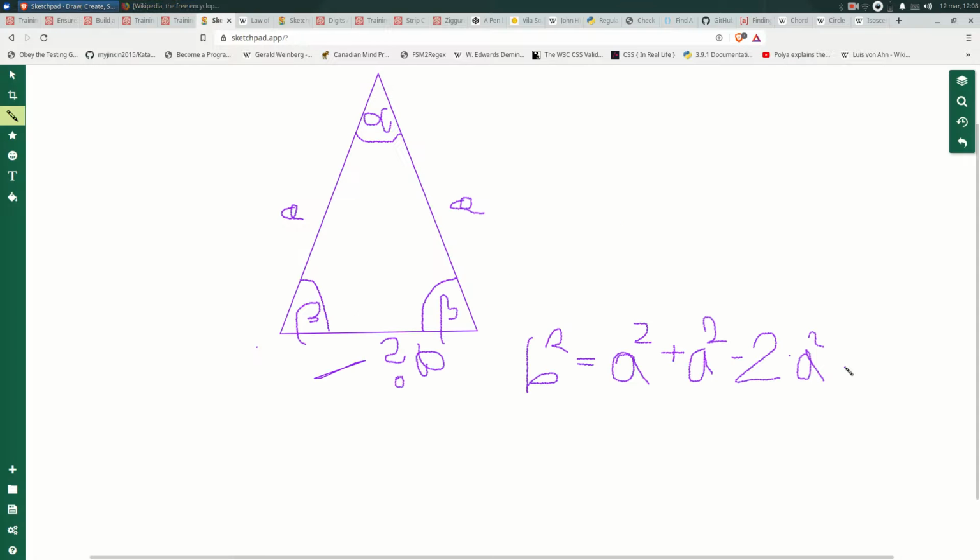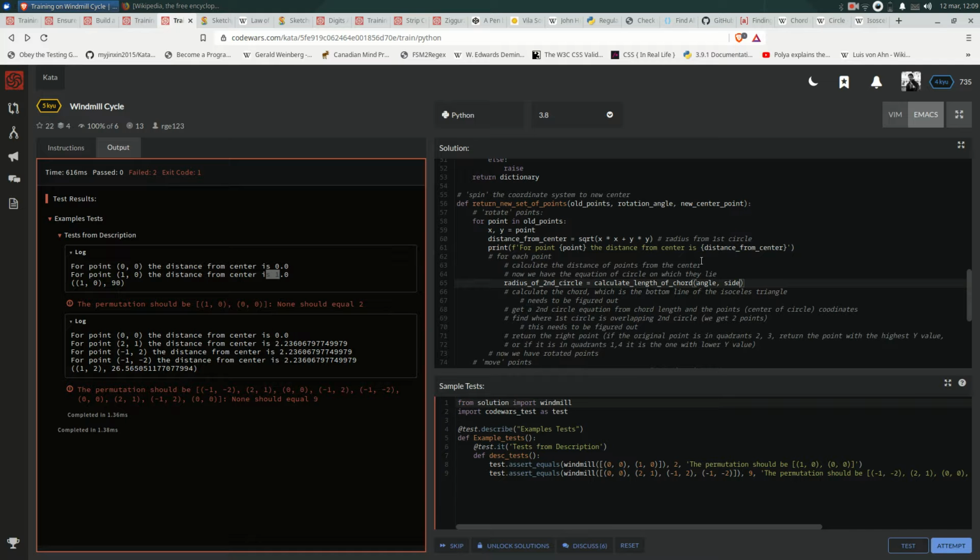So we say times the cosine of alpha. Okay, I guess we shall import this.